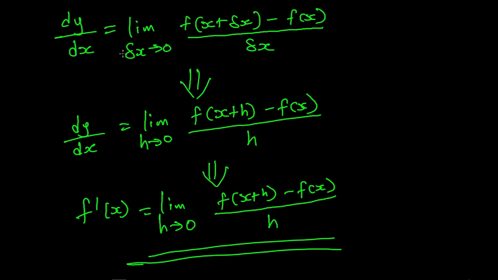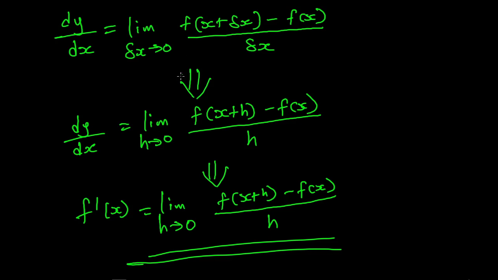As you can see, the derivative formula goes thus: dy over dx, which is the derivative of the function we are looking for, is equal to the limit as delta x approaches 0 of f of x plus delta x minus f of x all over delta x.